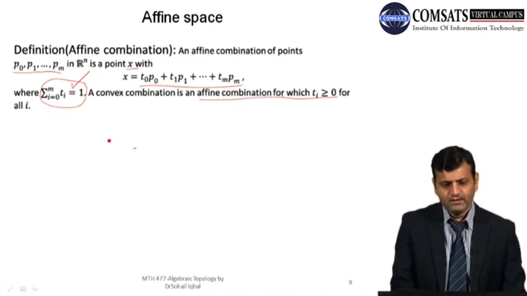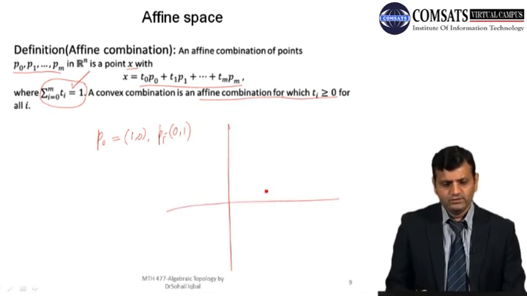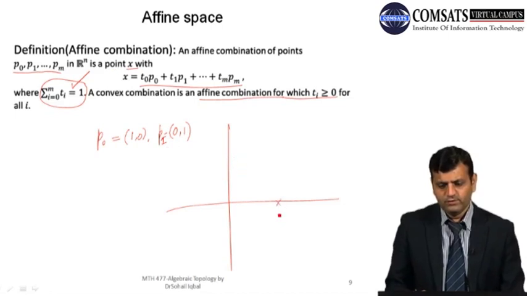So let's see, for example, if I take P0 equal to (1, 0) and P1 equal to (0, 1) in R2, so I have this collection P0, P1 in R2, then what is this point and what are the conditions? This is the point (1, 0) and this is the point (0, 1).